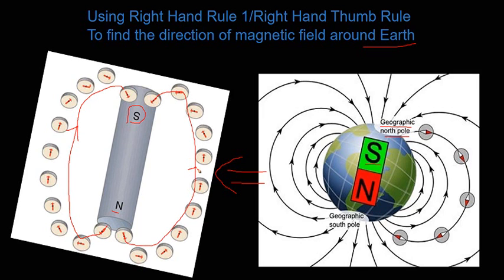And because Earth is also a bar magnet at its core, we see the field lines shown like this here in the right image, which can also be verified by using a compass. This is the reason why the compass always points towards the magnetic south pole, which is the geographic north pole of Earth.